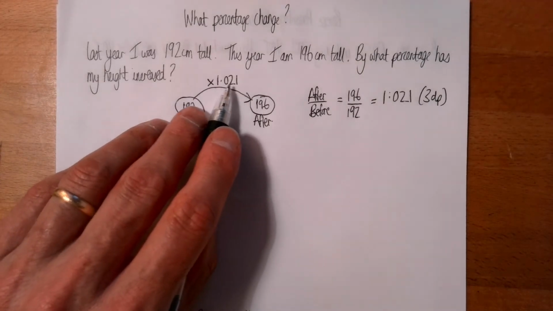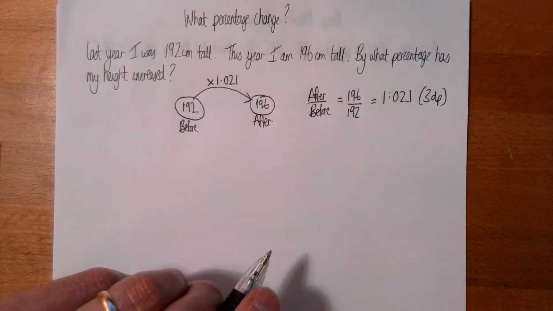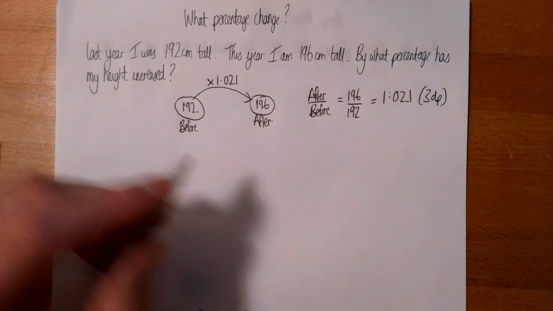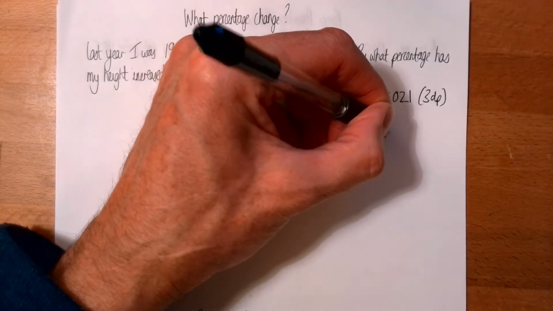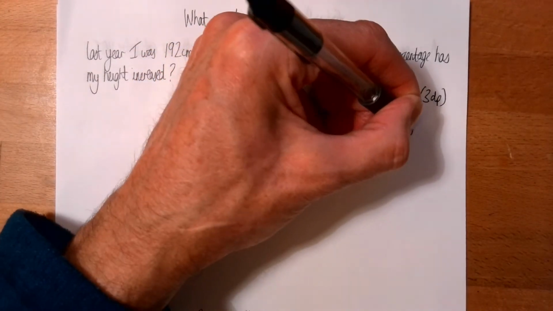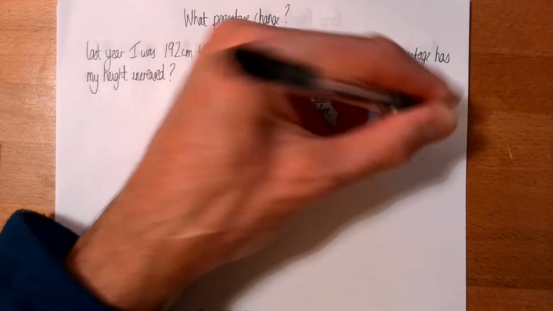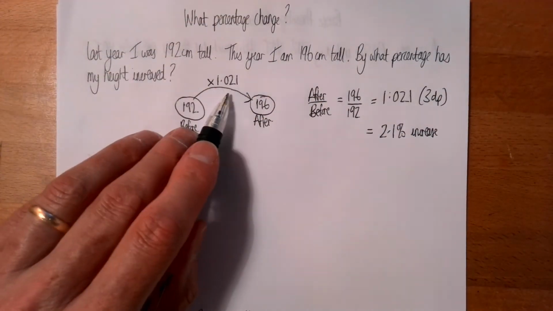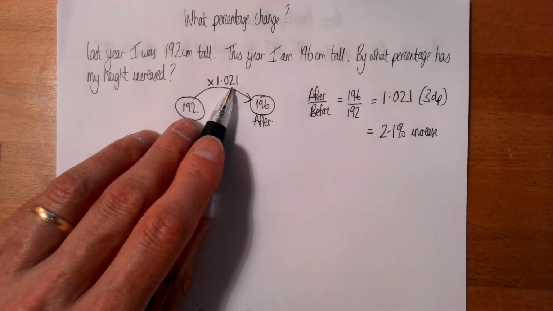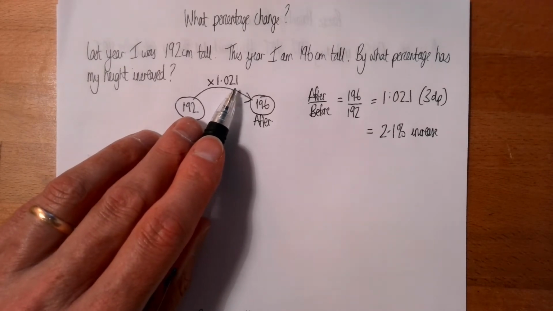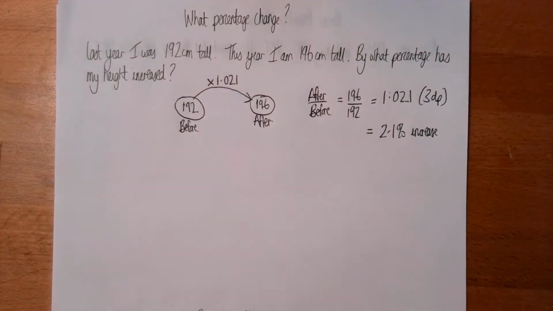What would the increase be if I'm multiplying by 1.021? Hopefully you can see that that's a 2.1% increase. It was 100%. If you multiply by 1.021, that means you've got 102.1%, which means it's gone up by 2.1.